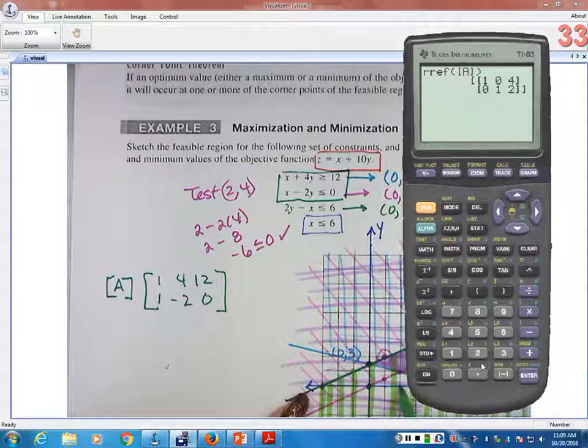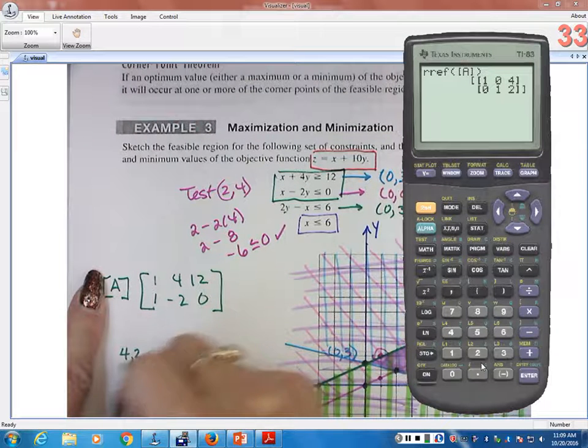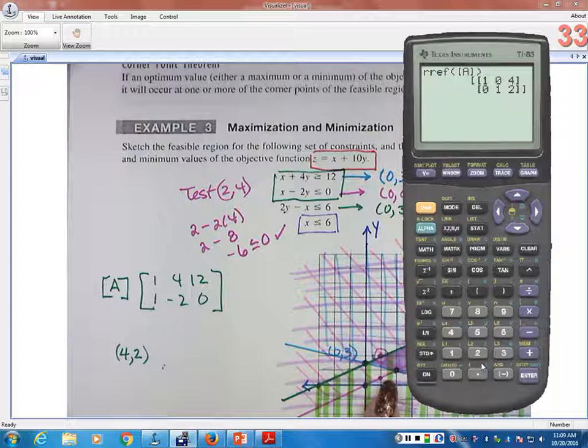And 4, 2 would be this point right here. And it isn't really a corner point.